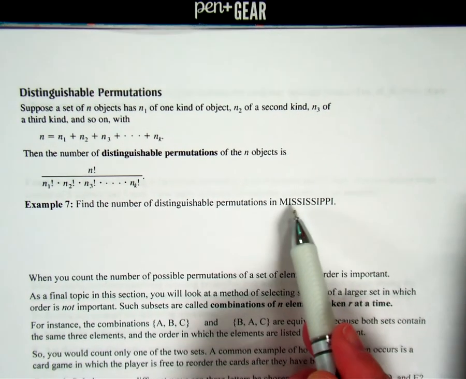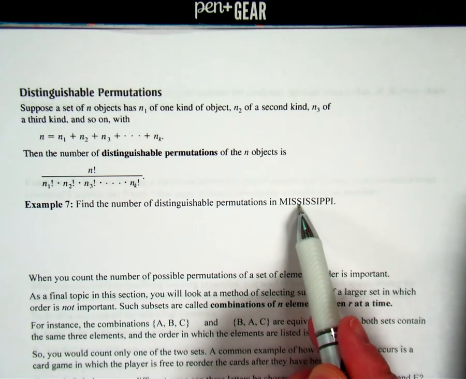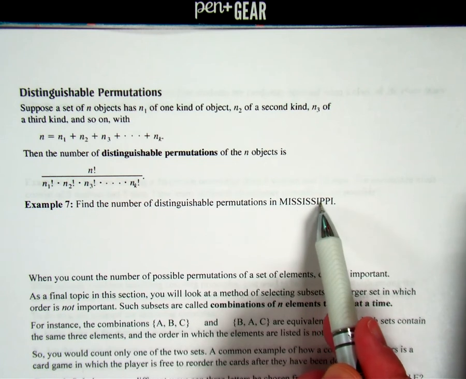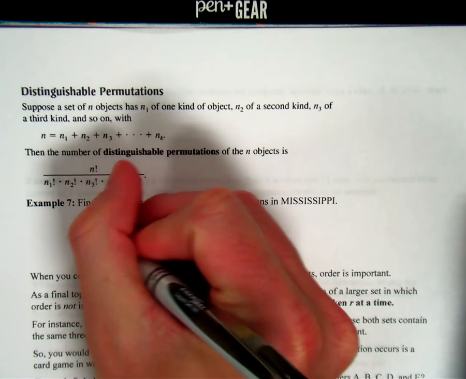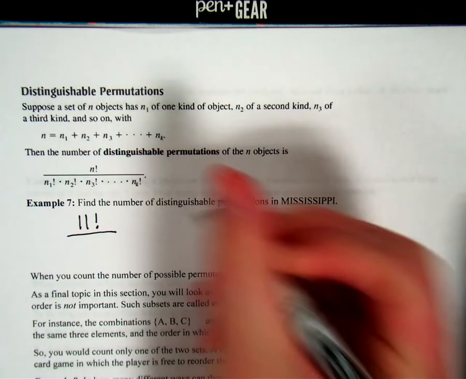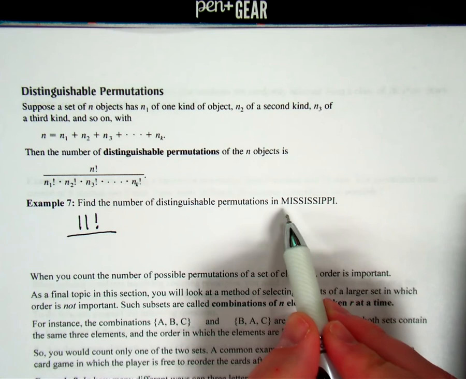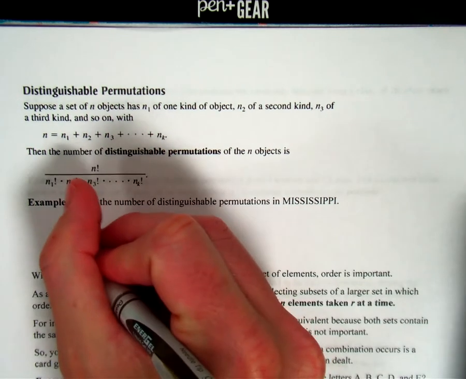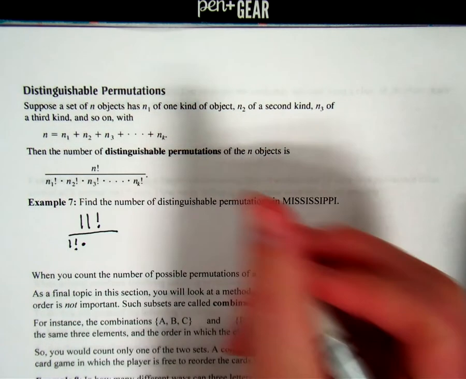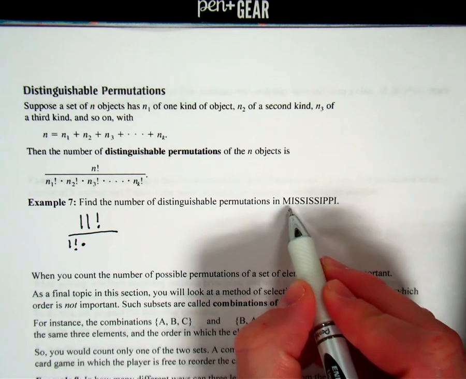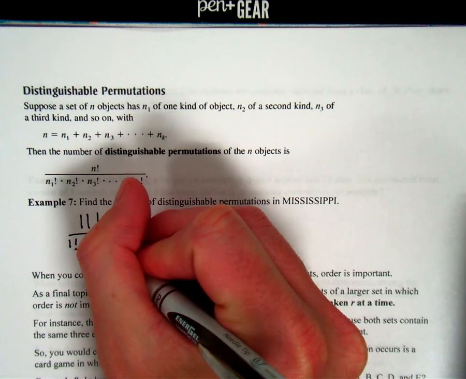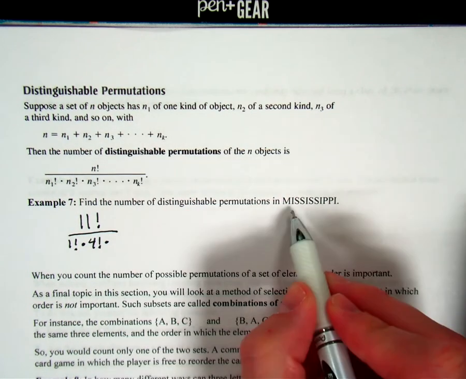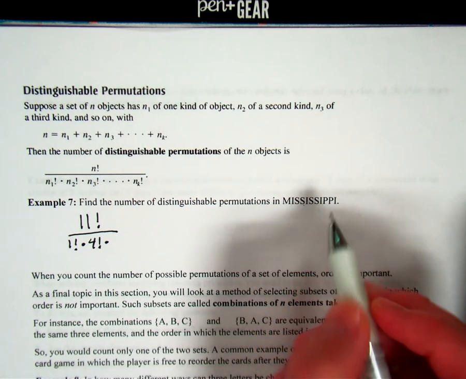So we have 1, 2, 3, 4, 5, 6, 7, 8, 9, 10, 11 letters. So there are 11 letters. We have 1 m, so 1 factorial. We have 1, 2, 3, 4 i's. We have 1, 2, 3, 4 s's.